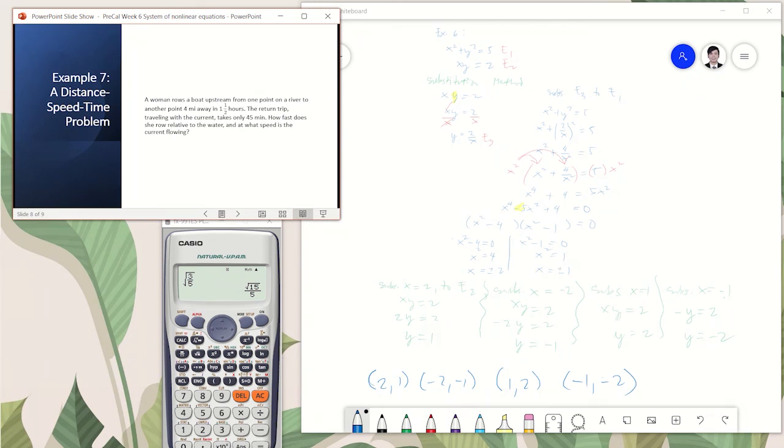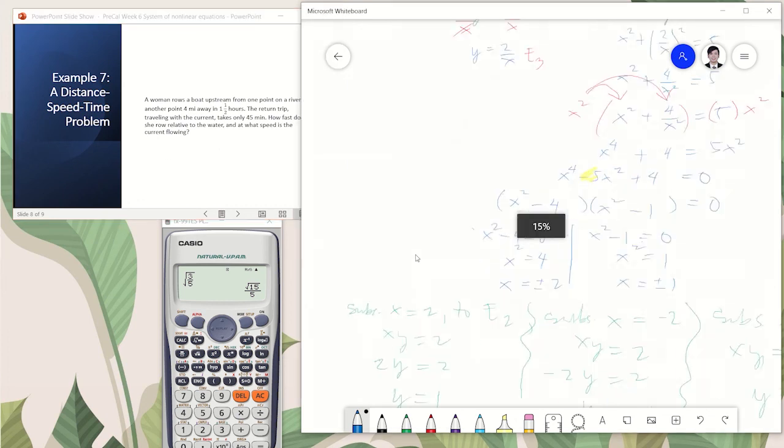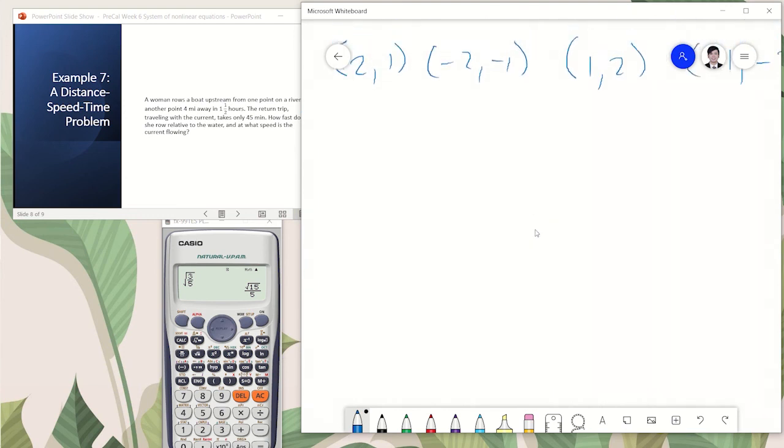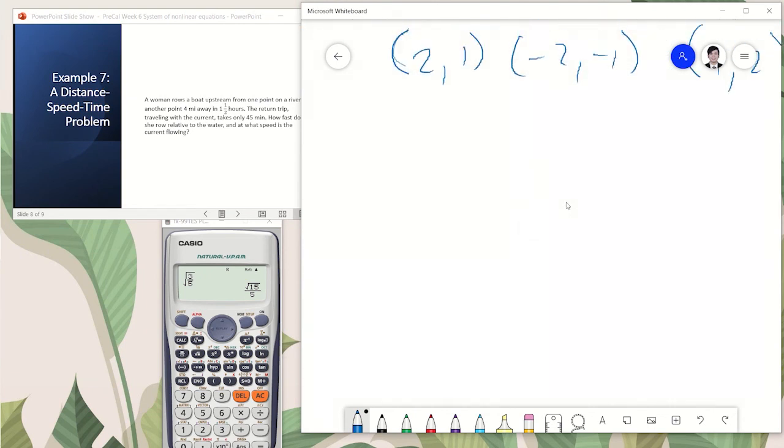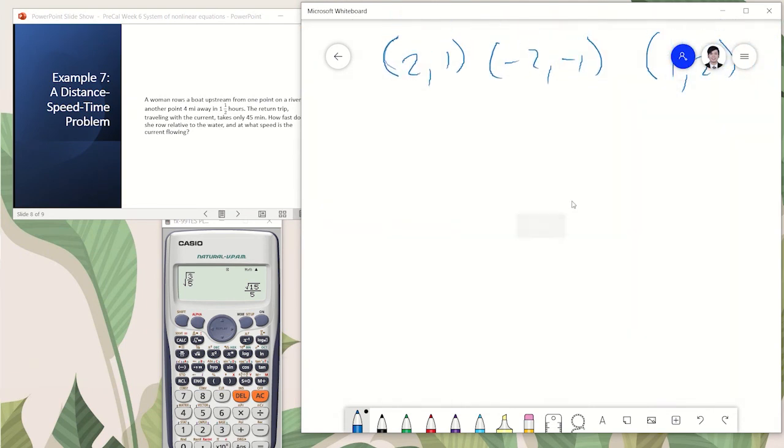So let us try to translate our situation into symbols. Here's our board again. First of all, it's very important that you can picture what is happening.